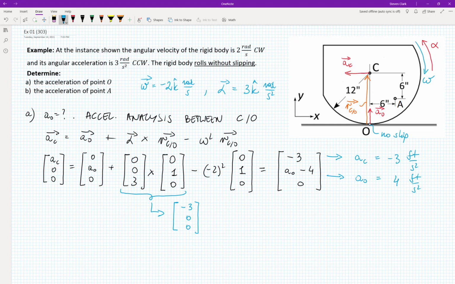Yeah, okay, so we have our answers magnitude-wise. Now let's write them vector-wise. So I think that AC vector-wise will be -3, 0, 0 feet per second squared, and AO will be equal to 0, 4, 0 feet per second squared.